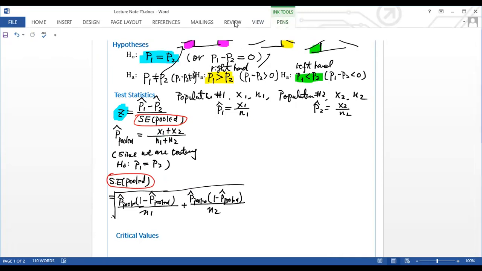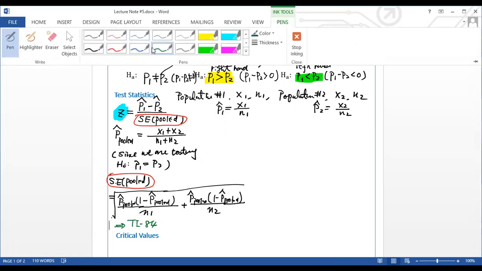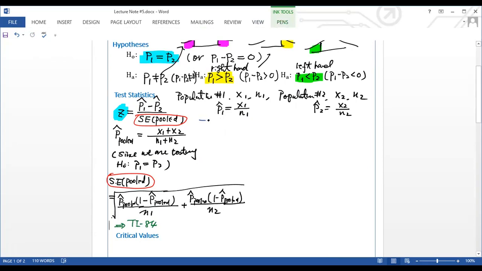In fact, the TI-84 calculator builds in this pooled version, because the TI-84 assumes you are testing P1 equal to P2. But in general, it is really not necessary to only test P1 equal to P2.